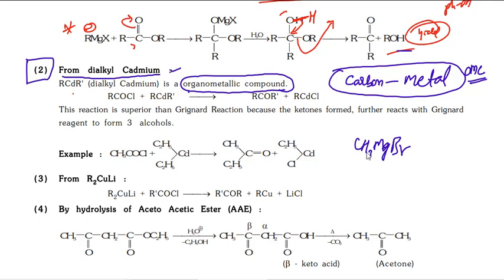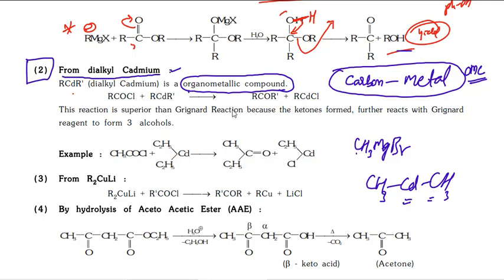Here this magnesium is connected with carbon, so this is also an organometallic compound. Here methyl, cadmium and one more methyl or ethyl, whatever you can take. So here the metal is connected with carbon. A metal-carbon bond is there, so those are known as organometallic compounds.